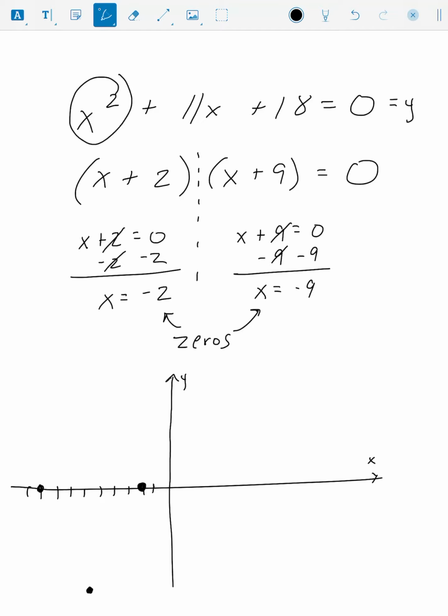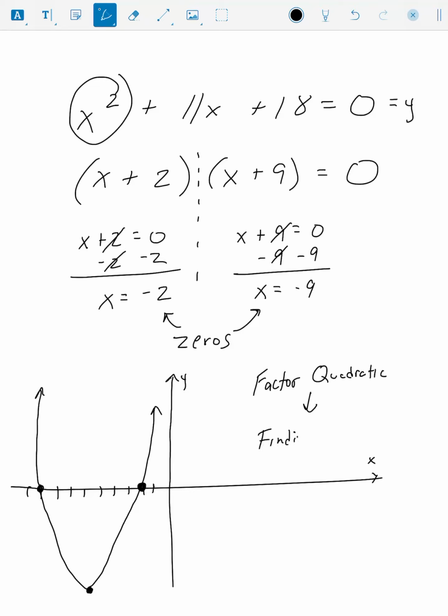It's a positive x squared, meaning it opens upward and crosses the x-axis at -2 and -9. And there's my quadratic. So I guess what you can take from this is that when you factor a quadratic, you are actually finding the zeros.